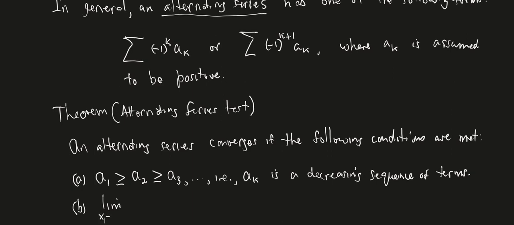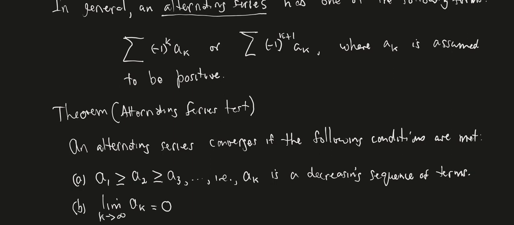So, not using x, we're using k. The limit as k goes to infinity of a sub k has to be equal to 0. So, in summary, let's say what this alternating series test requires.